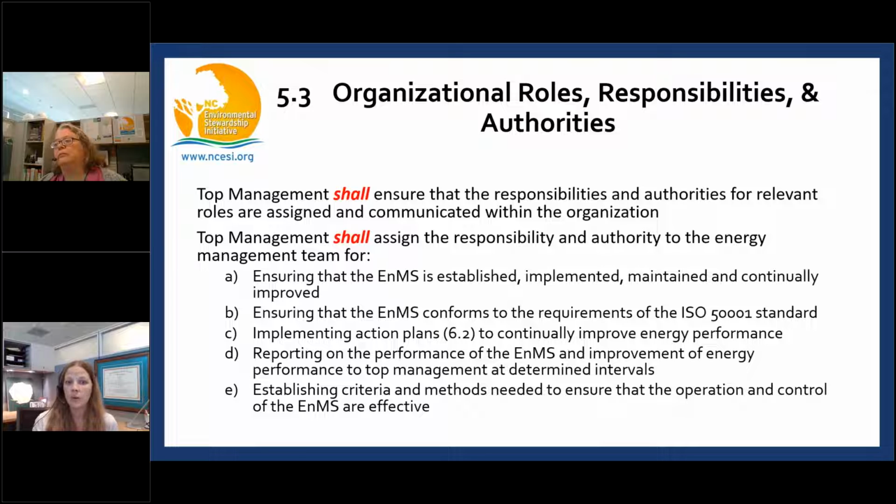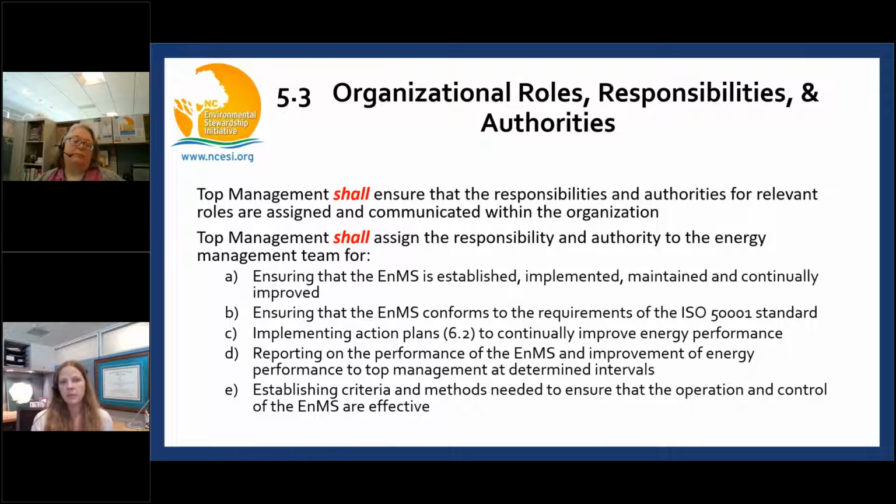Top management shall assign the responsibility and authority to the energy management team for ensuring that the ENMS is established, implemented, maintained, and continually improved, ensuring that the ENMS conforms to the requirements of the ISO 50001 standard, implementing actions planned, which is 6.2, to continually improve energy performance, reporting on the performance of the ENMS and improvement of energy performance to top management at determined intervals, and establishing criteria and methods needed to ensure that the operation and control of the ENMS are effective.